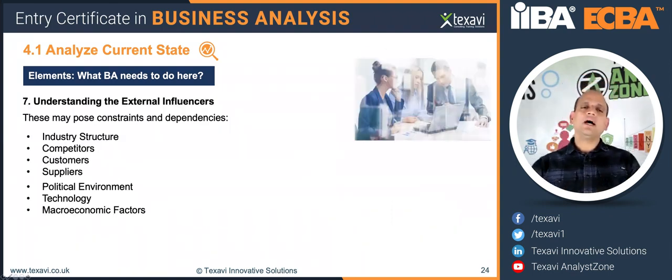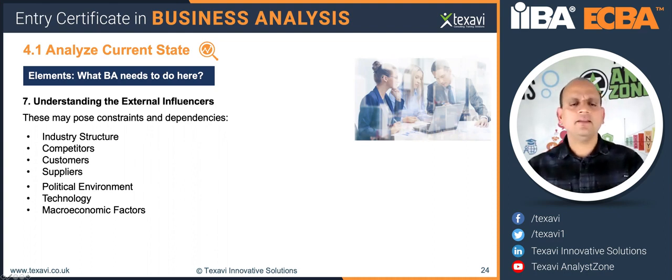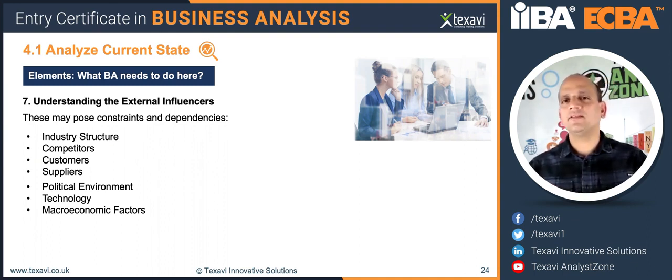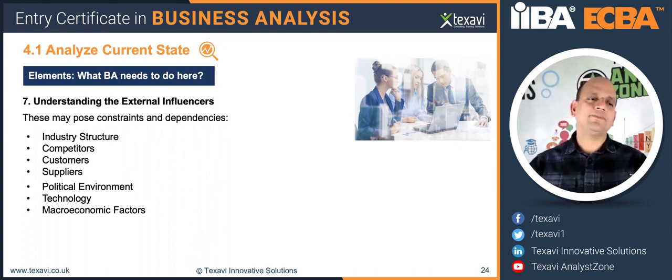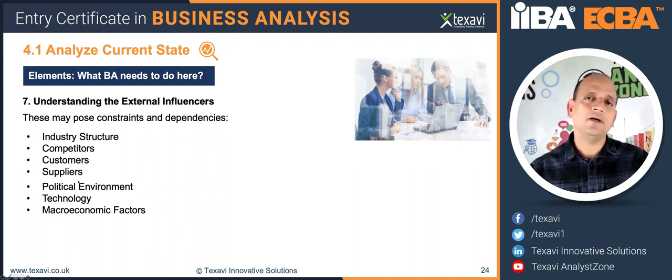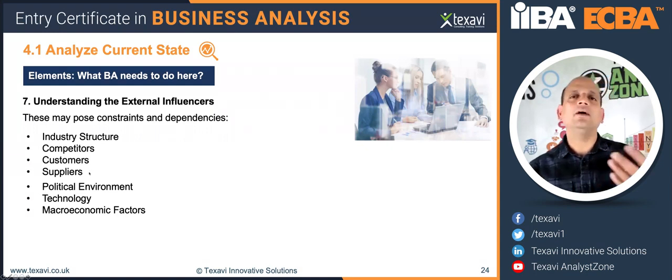And once that is all done, you then understand the external influences, which is what we have identified, right? In terms of the economy, the political aspects, the legal aspects, the environment, the sociological lifestyle aspects, all of those. So that's where you look at the customers, look at competitors, for example, what they've got to say, how the suppliers are influencing us, their applications, their technologies could perhaps have an impact or a dependency on how we are operating.